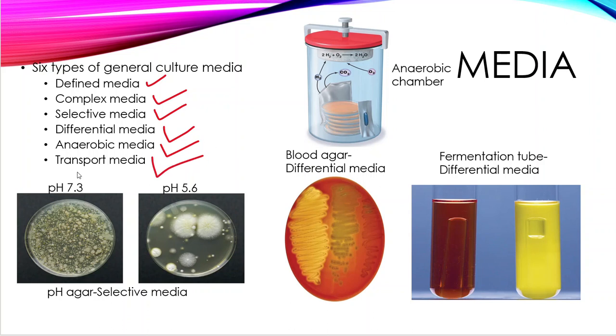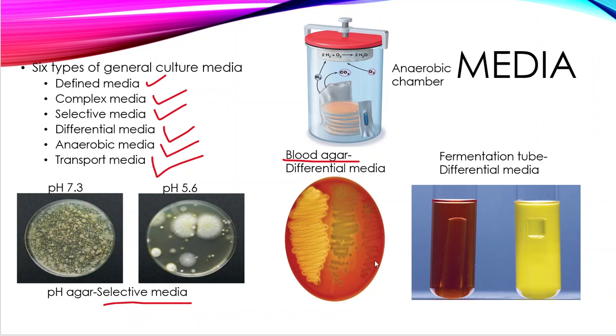We'll defer that to the lab because we have a lab that talks all about that, and I think that'll be a better time. Some of these selective media, we have some things that only gram-negatives can grow on. Gram-positives won't like it. We've got differential media like blood agar. That's actually got sheep blood.